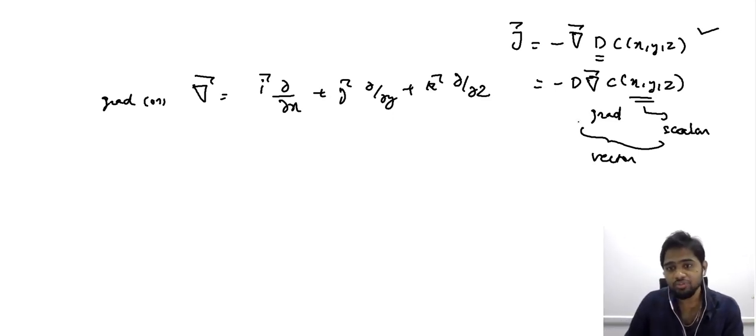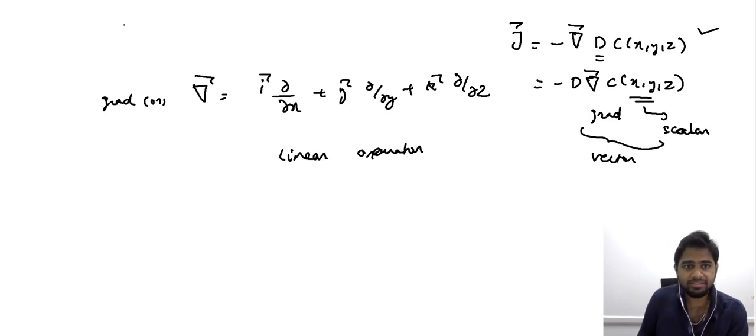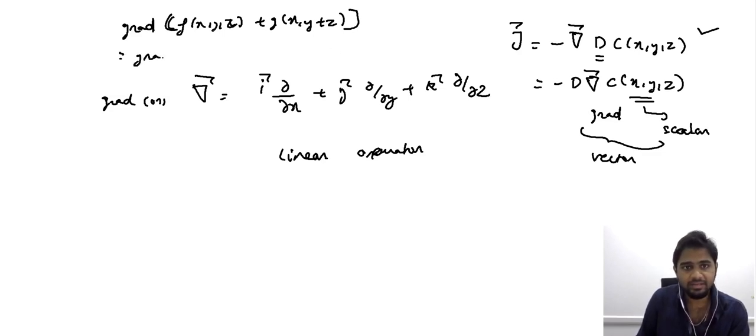Now this is possible, that is we are able to decouple D from its association with concentration, because this operator is a linear operator. When we have a grad of two functions, that is f of x, y and z plus g of x, y and z, and we want to take the gradient of such a function, we can express this as grad of f of x, y and z plus grad of g of x, y and z.